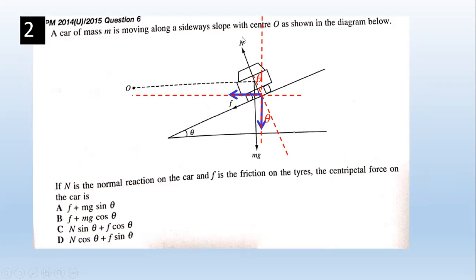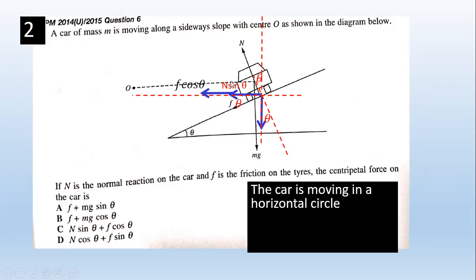Now I replace N with your N sine theta and N cos theta upwards there. Then your F, remember this angle is theta, this angle is also theta. So F, resolve it this way, so it's F cos theta. These two are the ones that provide the centripetal force. The answer is C.